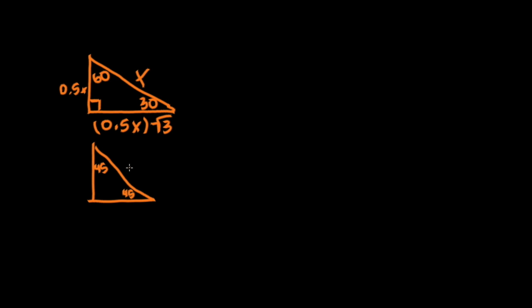In the 45-45 triangle, if the hypotenuse is x, the 2 other sides are x divided by the square root of 2. Of course, there are other ways of writing these equations, but for today, we are going to refer to them as was shown on the screen.